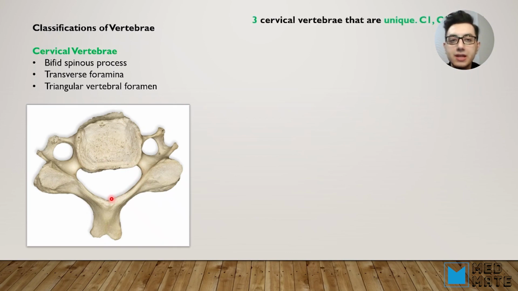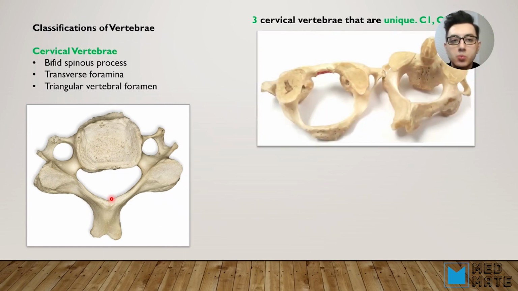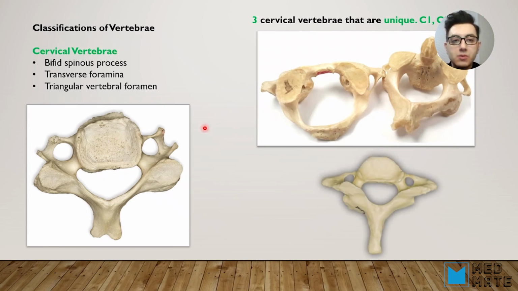Now, 3 cervical vertebrae are unique and they are called atypical vertebrae, so they are not typical. C1, C2, and C7. Now let's discuss why they are unique, why they are different. So the first one, C1, here you can see cervical vertebra number 1, and I think you can notice that yourself, that something is lacking.